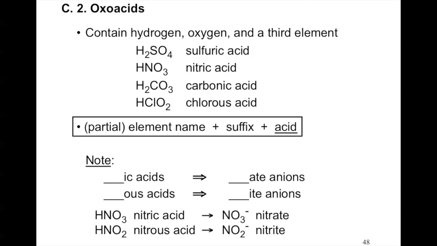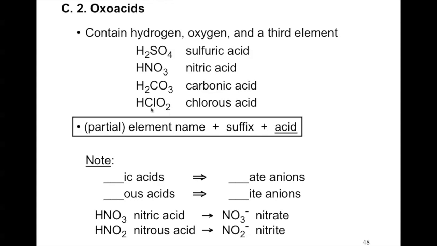Instead, you call it sulfur and then add ic and acid, sulfuric acid. Remember H2S? Think about how it's named again. Hydrosulfuric acid. This is sulfuric acid, H2SO4. Nitrate and carbonate are named nitric acid, carbonic acid.